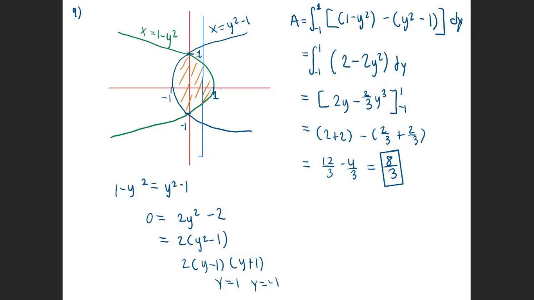Why? Because we can rotate this plane 90 degrees. When we rotate, you see this picture rotated 90 degrees, then this x-axis becomes the y-axis and this y-axis becomes the x-axis.